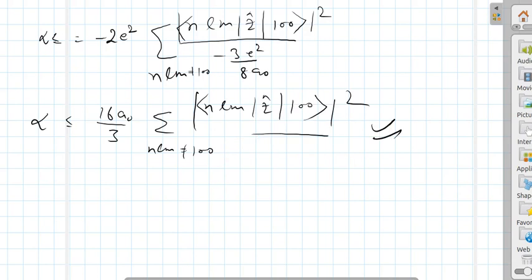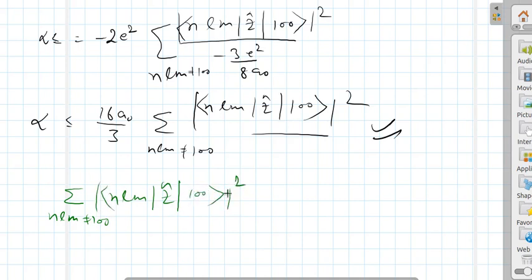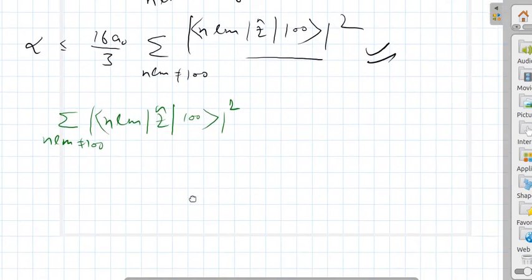So for this, let us proceed as follows. Let me recall this, NLM, and to calculate its value I will use a very wonderful property, the completeness of the wave function. If I consider NLM equal to 100, then that value will be 0, so let me write it for all NLM.